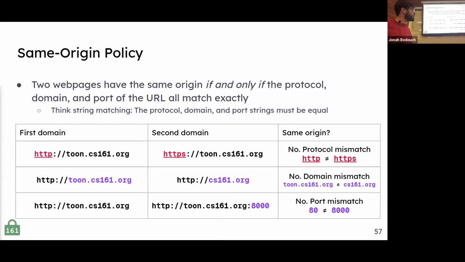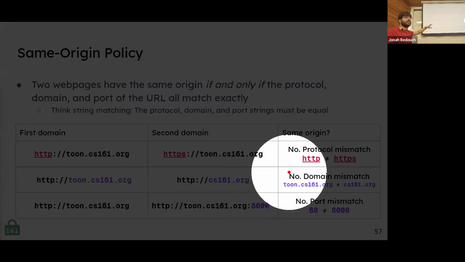So the goal of the same origin policy is it lets our browser decide when JavaScript should be able to modify a page. And the answer is only if the JavaScript is running in the same origin. If the website that's running it matches these three things exactly.